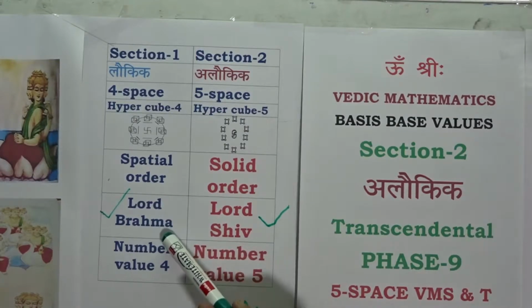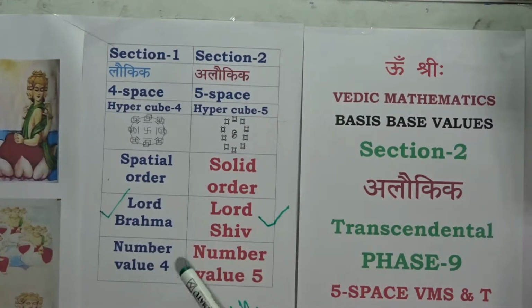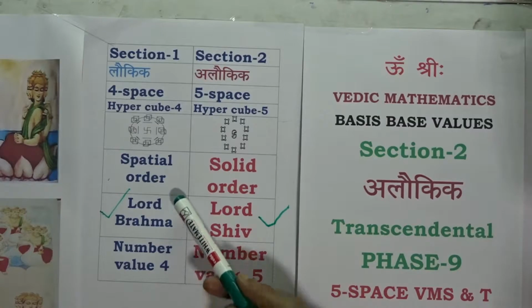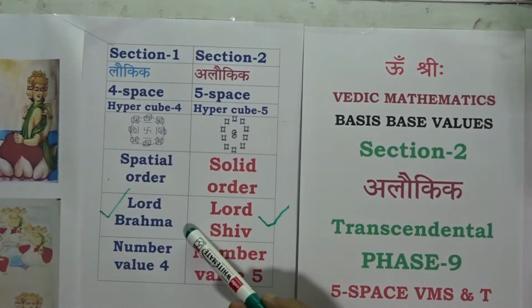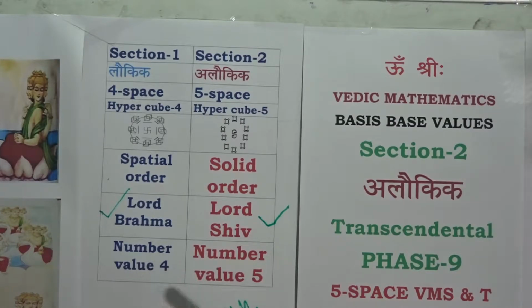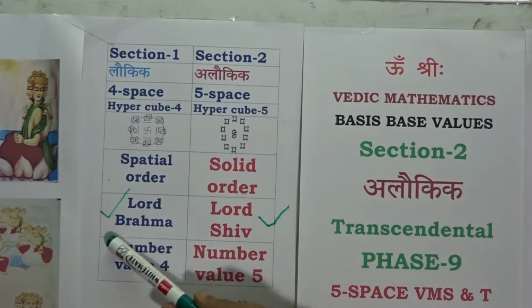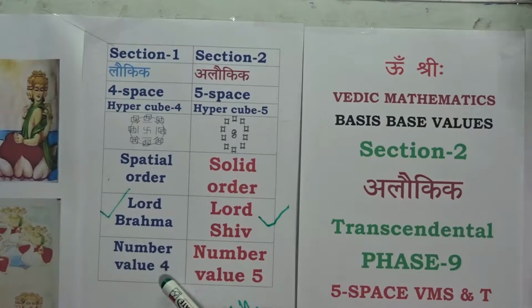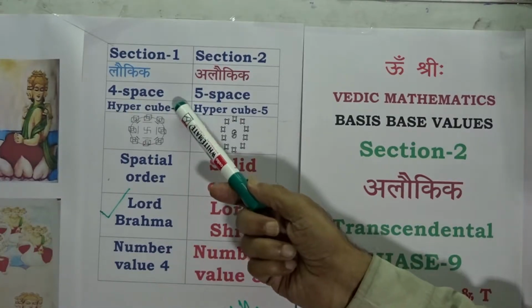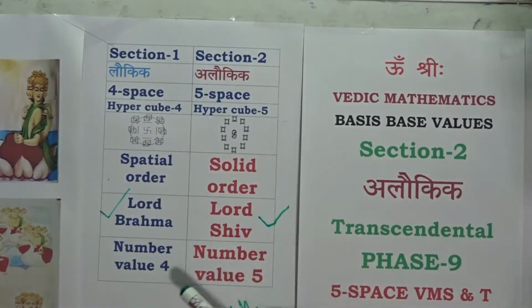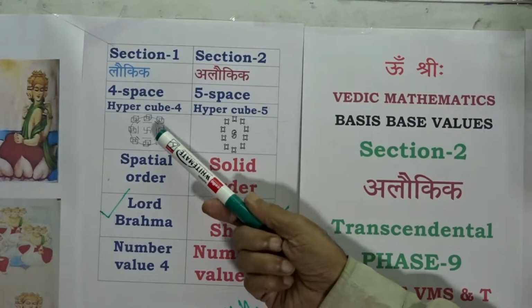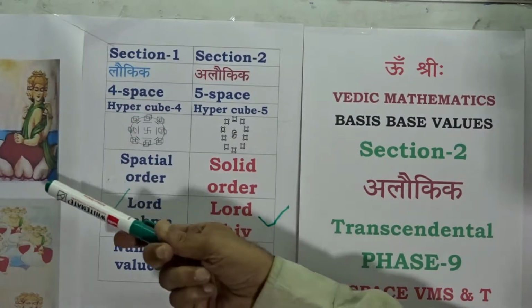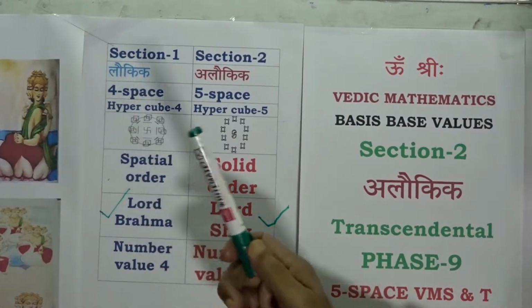Lord Brahma is the creator, the supreme, and this value of section 1 essentially is the mathematics, science and technology of number value 4. Number value 4 and 4 space together bring us face to face with the creator of the space, a real 4 space which is presided by Lord Brahma.